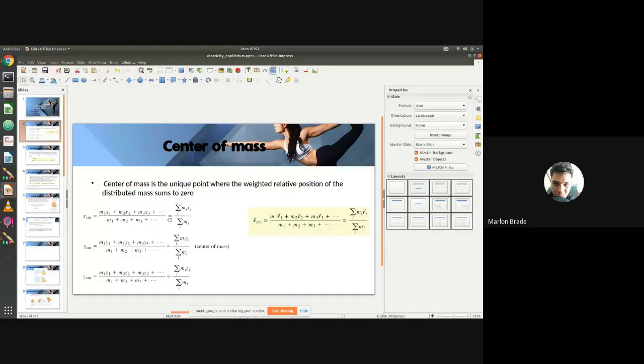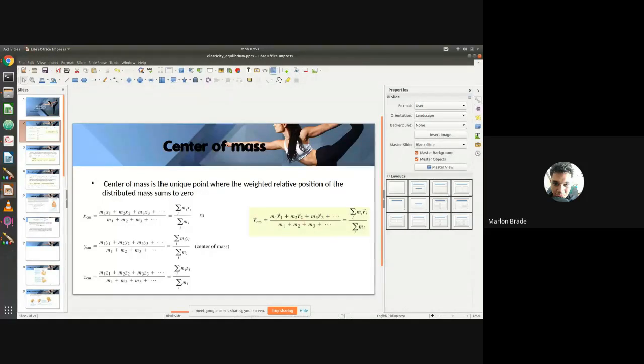Compactly, it can be written as the summation of m_i x_i divided by the summation of all the masses m_i. The YCM, or the y component of the position of the center of mass, is given by the summation of the product of the mass of a certain particle multiplied by the y component of the position of that particle with respect to an origin.